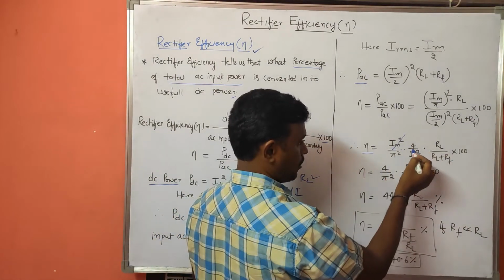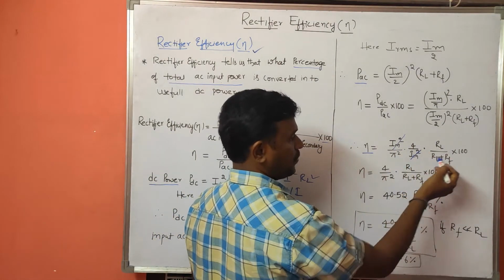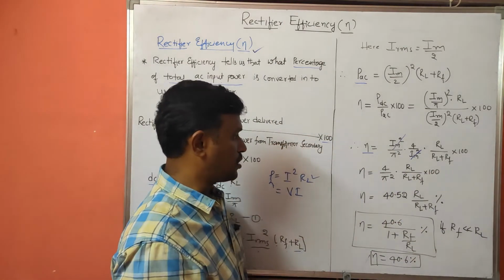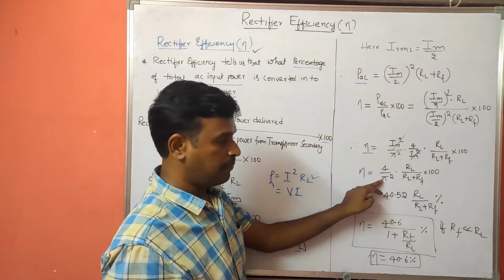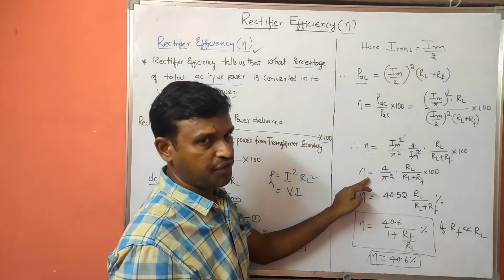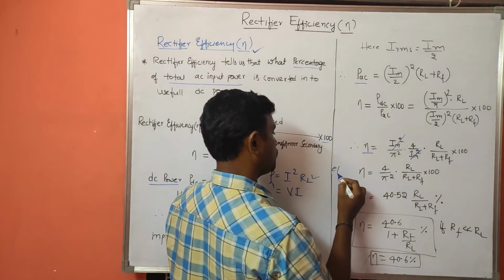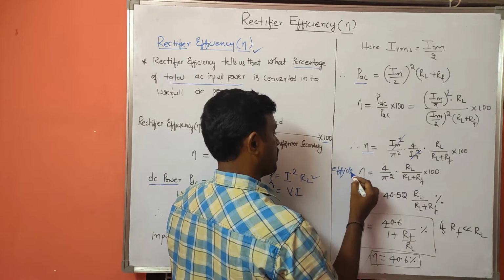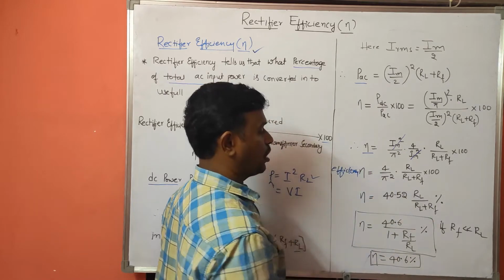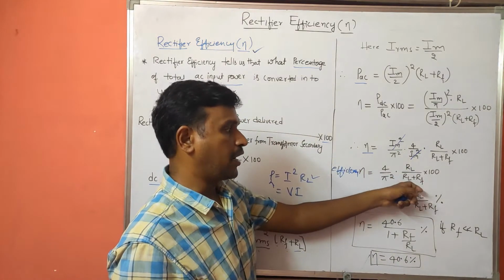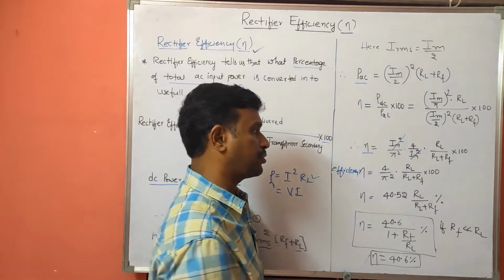The Im square cancels, and the remaining is 4 by pi square. So the efficiency is equal to 4 by pi square times RL by (RL plus RF) into 100.